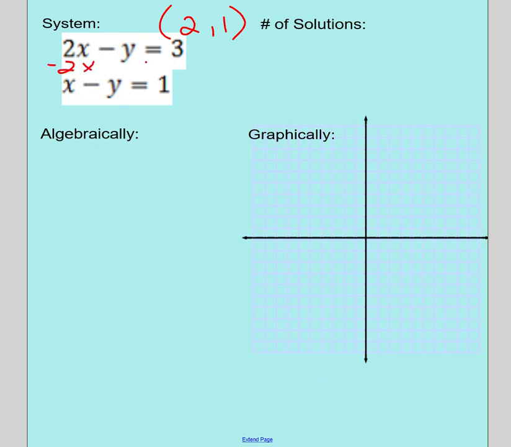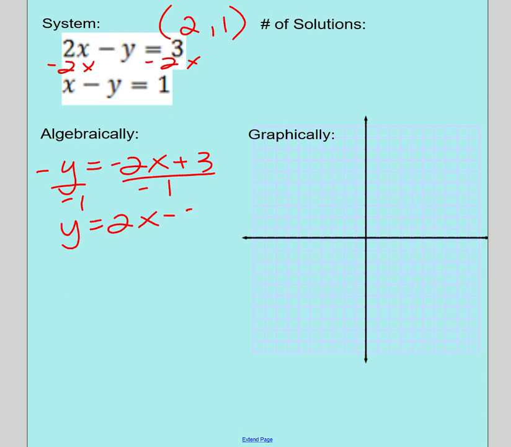So subtract 2x from both sides, I have -y equals -2x plus 3, divide by -1, y is equal to 2x minus 3, right? 2x minus 3 is going to look like this when I graph it. So my y-intercept is -3, my slope is 2 over 1. I have to go up 2 over 1, right?